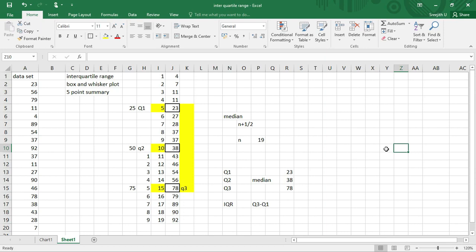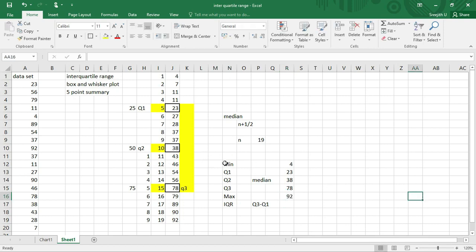Now, if I add the value of minimum and maximum to this whole set here, you get what is called a 5-point summary. The minimum in our observation is the least value here, 4, and the maximum value is 92 in our data set.